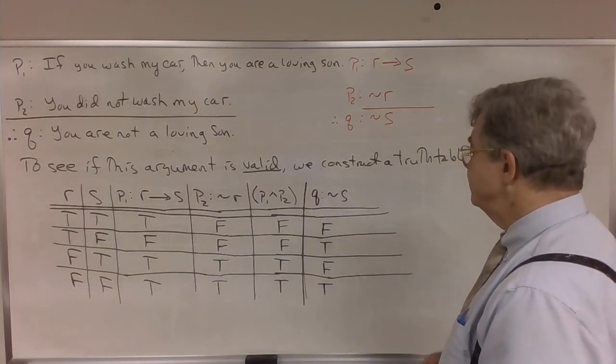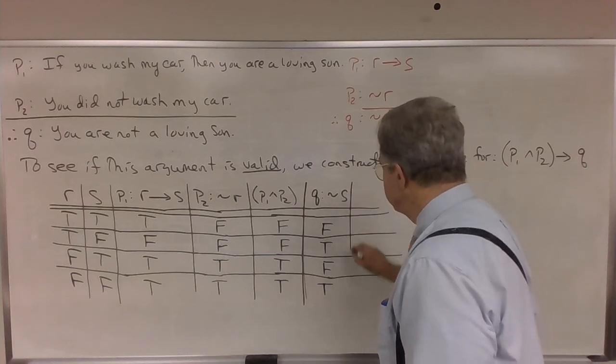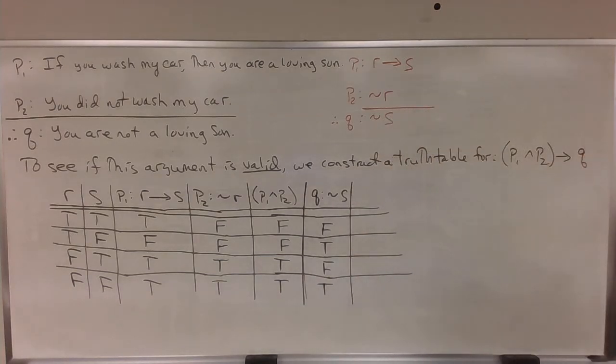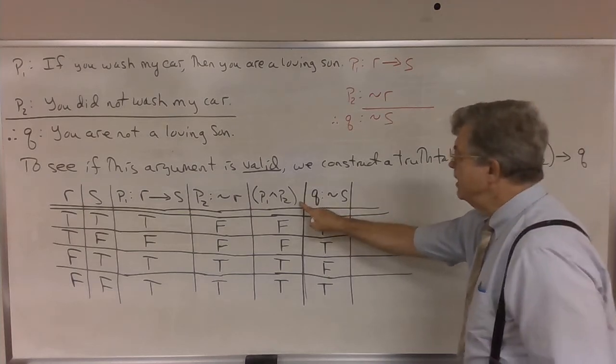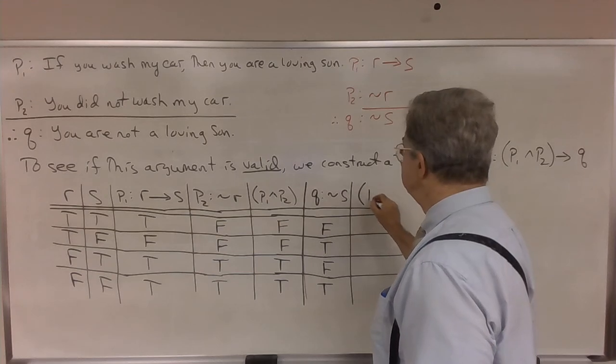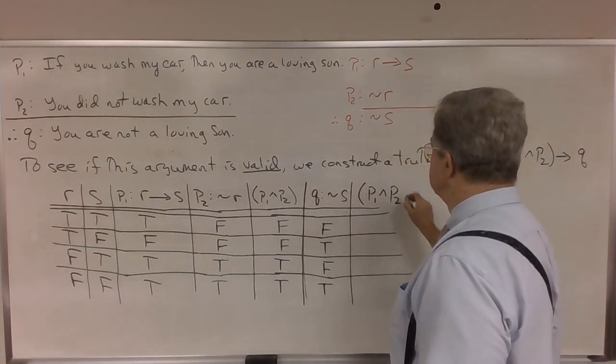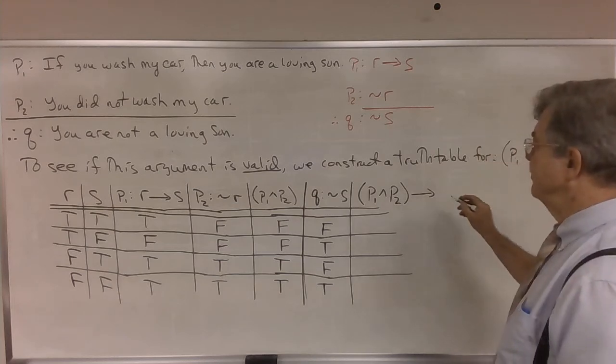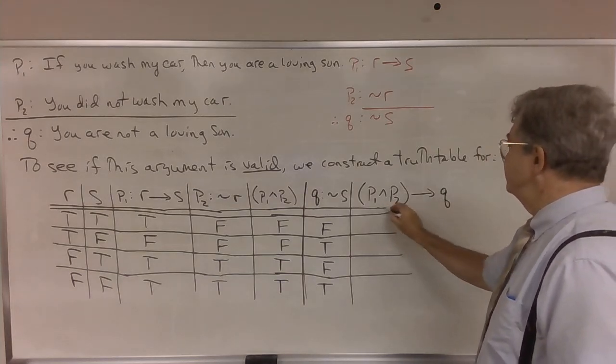Not S, false, true, okay. And I think we are ready to do our argument. Our argument is the conjunction of the premises, P1 and P2, implies Q. And we have P1 and P2. We have Q. Let's see what happens here.